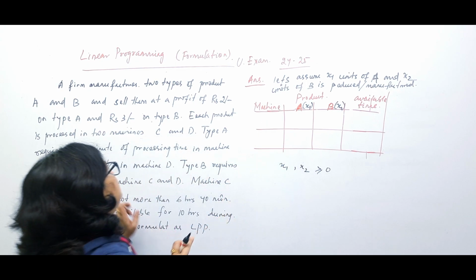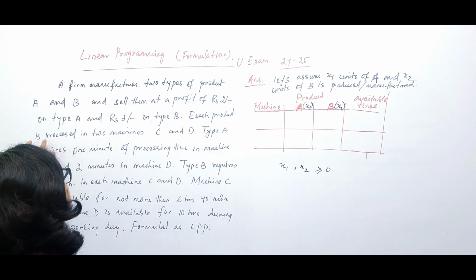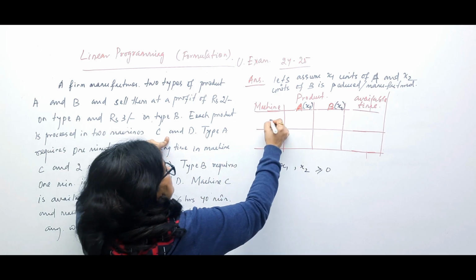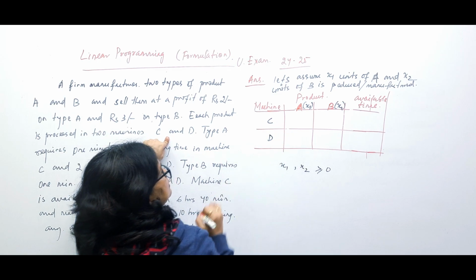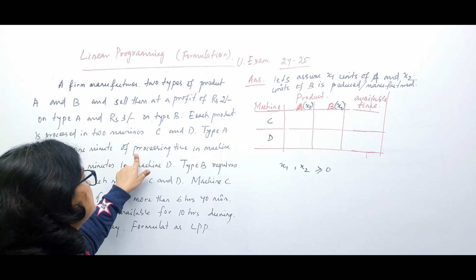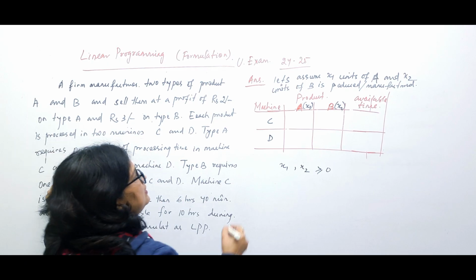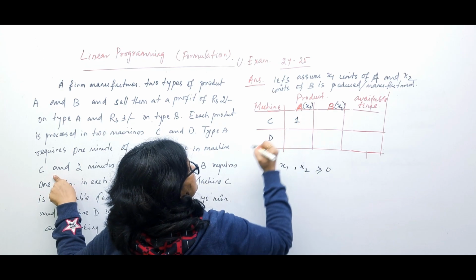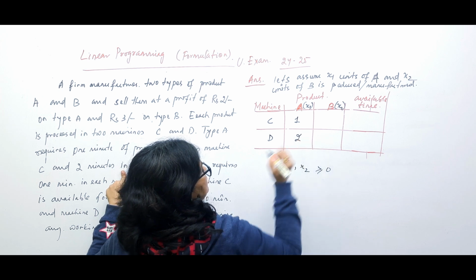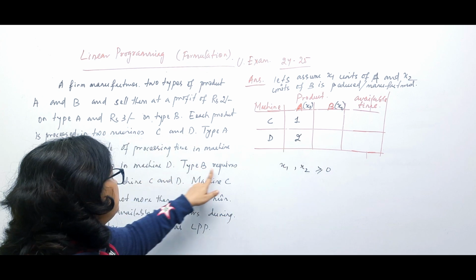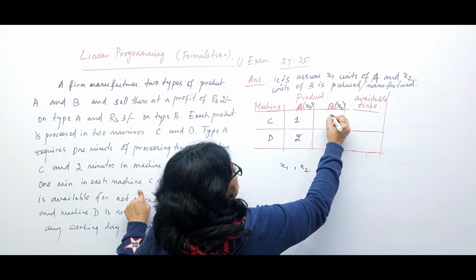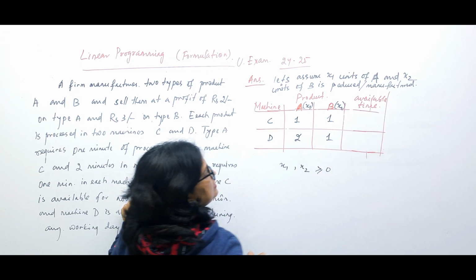Another thing: each product is processed in two machines, machine C and machine D. Type A requires 1 minute of processing time in machine C and 2 minutes in machine D. Type B requires 1 minute in each machine.